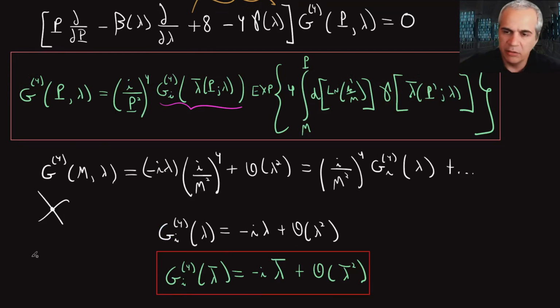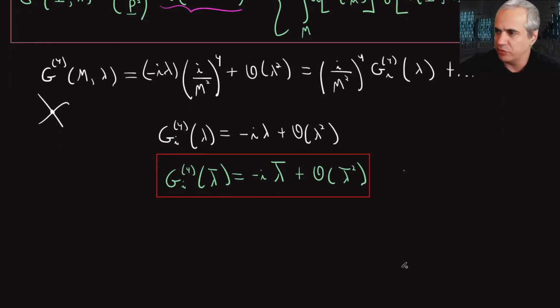Now we can see what the Callan-Symanzik equation is doing for us, right? We already know from our previous renormalization studies that in any case, a Green function in lambda phi 4 will depend on two things.